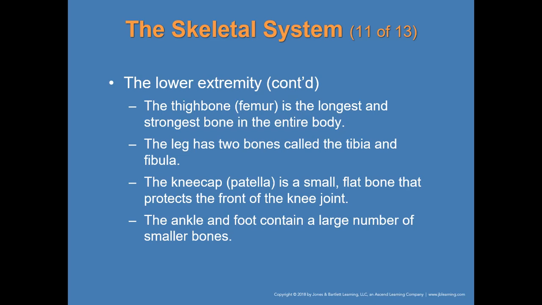You're going to see a lot of open tib-fib fractures, and those are towards the base of the ankle. In between the two, you have your patella or kneecap, a small flat bone that protects the knee joint. And just like your hands and fingers, your ankles and toes also contain a large number of smaller bones.